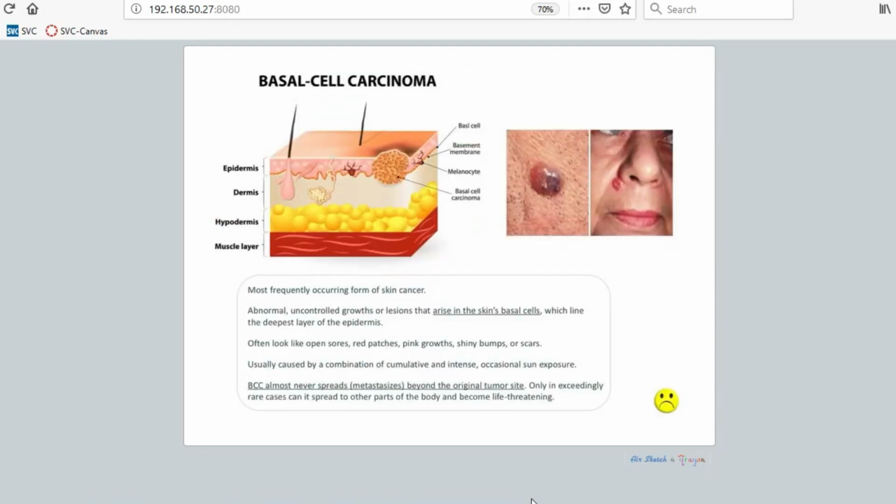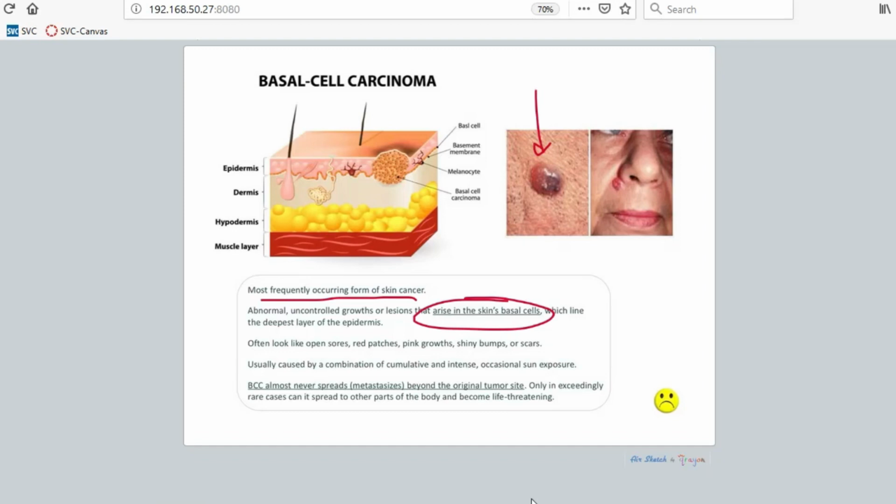Okay, so a lot of these details here you may not necessarily need to know, but basal cell carcinoma is the most frequently occurring form of skin cancer. Like I said, they arise in the skin's basal cells. They often look like open sores, red patches, pink growths, these shiny bumps there.